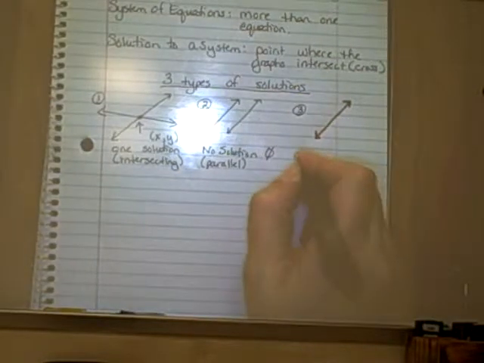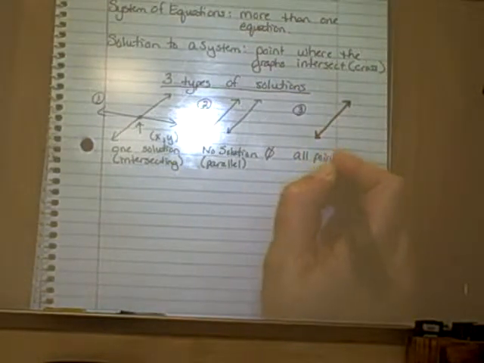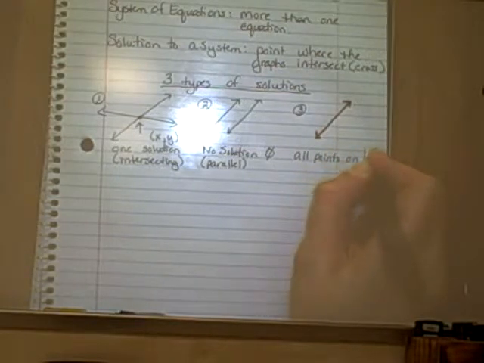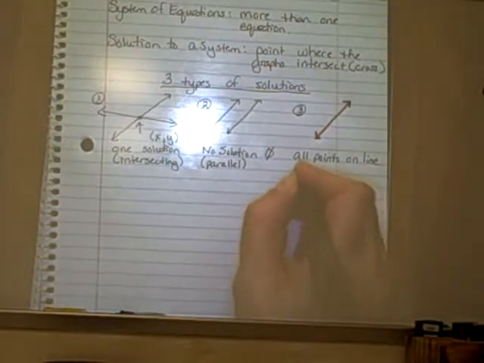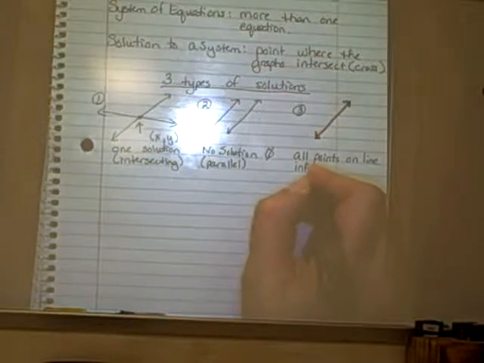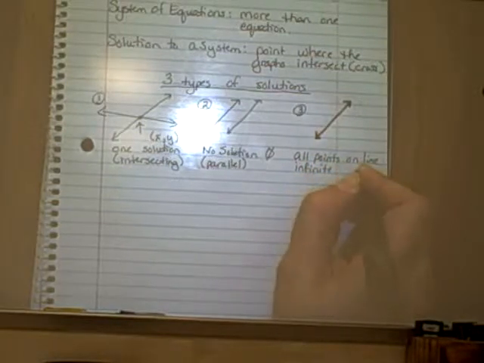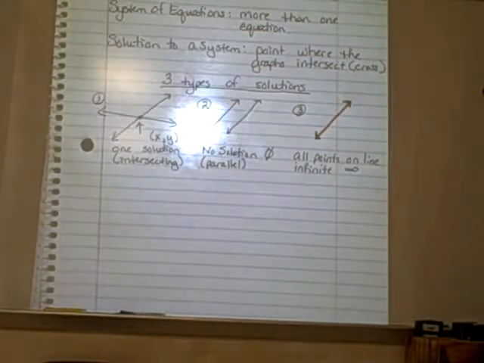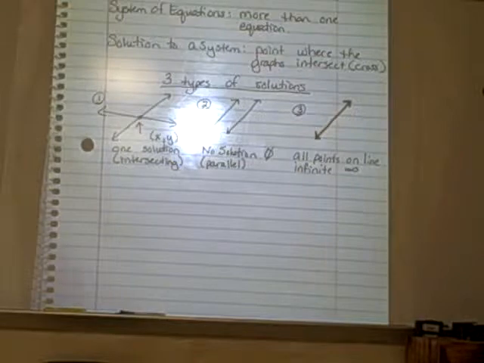So a lot of times they'll put all points on the line. It's much easier to write infinite or to just do the little infinity symbol. That's like all the rage with tattoos and randomness like that now. So the infinity symbol, because every single point on that line is a spot where that crosses. Right? It's exactly the same.